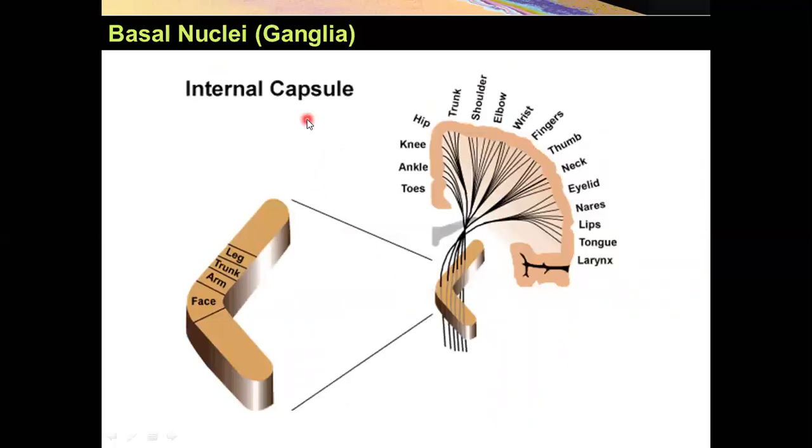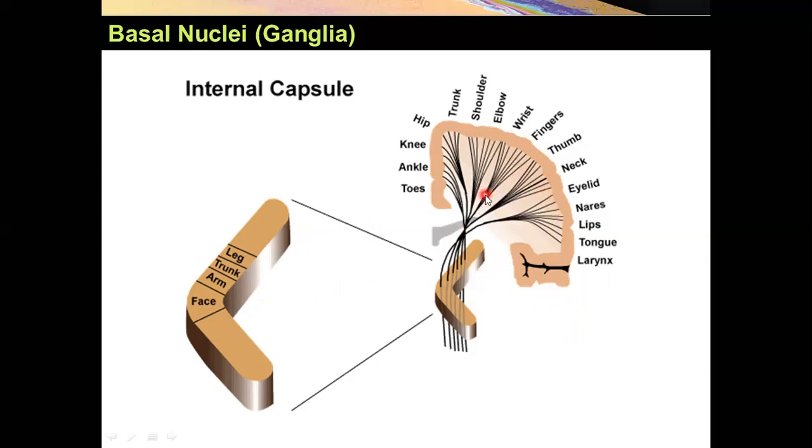Okay, this is the internal capsule. So the internal capsule, a white matter structure, is a unique location where a large number of motor and sensory fibers travel to and from the cortex. It is one of the subcortical structures of the forebrain, and other subcortical structures are caudate nucleus, putamen, globus pallidus, thalamus, and brain stem.